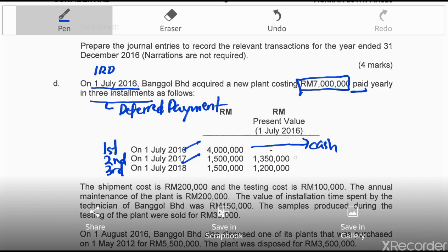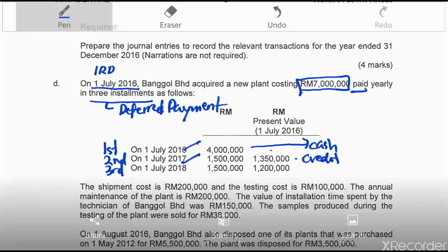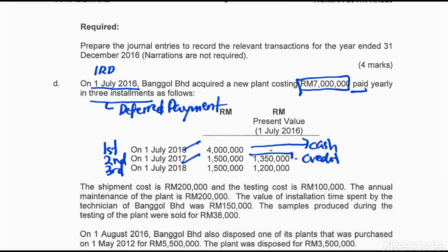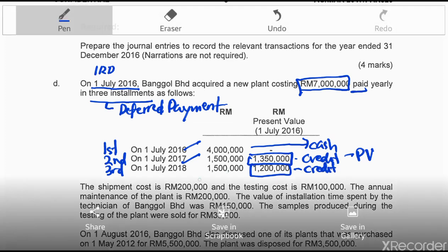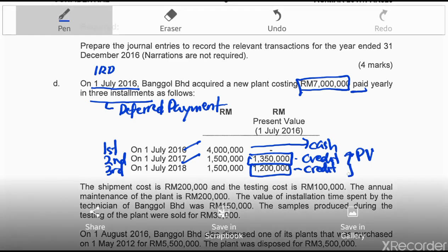This one is on credit, and this is the so-called present value. And the last one, your third installment, is also paid on credit. If you were to pay on 1st of July 2018, it is 1.5, but the value today is 1.2. So these two payments are at present value.